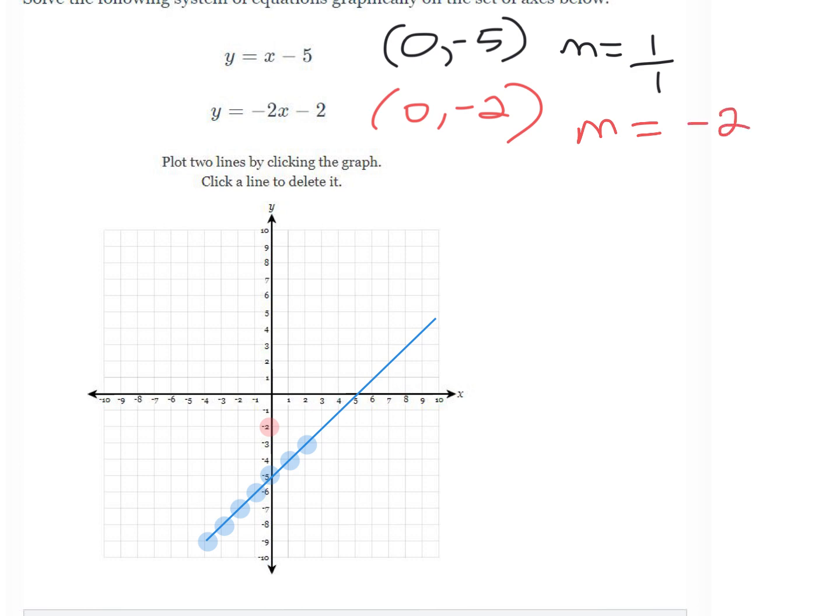we have a -2. We can put that over 1. So again, we have a rise over run, but notice it's a negative. That means from this point, we're going to go down 2 and over 1 and put our next point. So down 2 over 1 puts our point right there. We could keep doing it again, down 2 over 1, down 2 over 1, or vice versa.